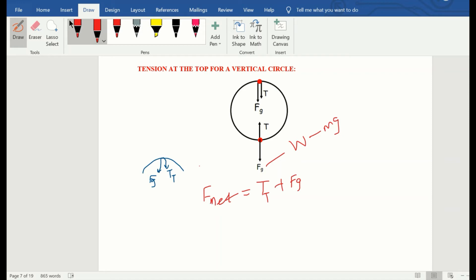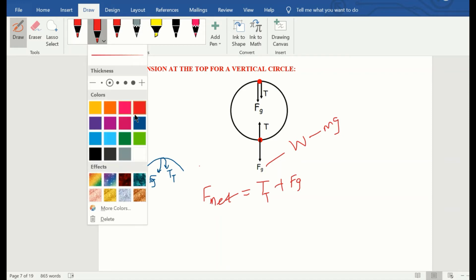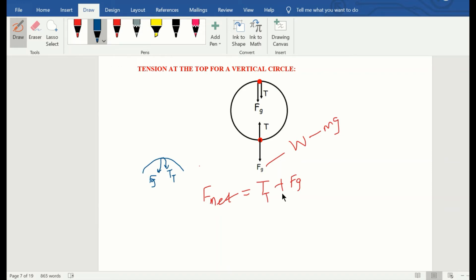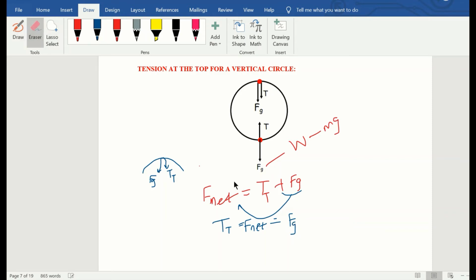So I'm asked to find the tension at the top. So therefore I will transpose. I will move the plus Fg to my left, becomes a negative. So therefore tension at the top is equal to the net force minus the weight, Fg. Good.